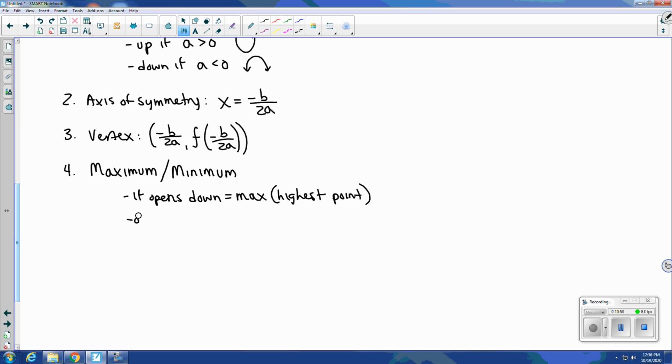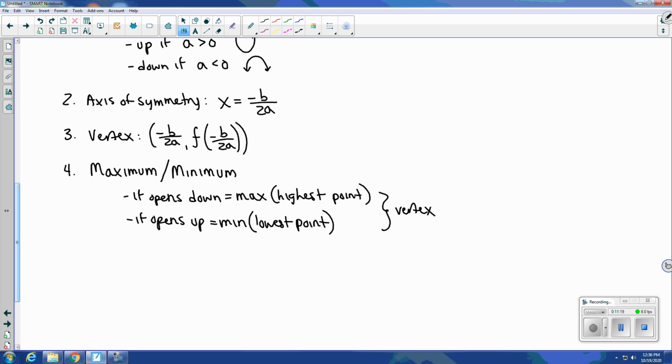If it opens up, you have a minimum or a lowest point. Now, given the nature of the parabola, the max and min point, that point is the vertex. Okay, so you have to decide, does that vertex represent a maximum or minimum? And that all depends on whether or not it opens up or down.